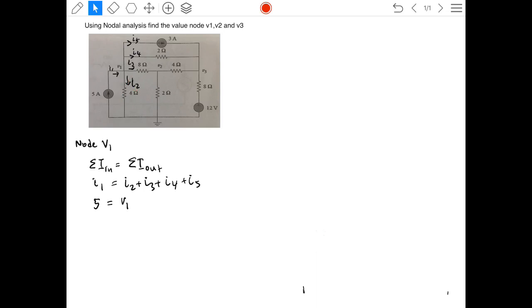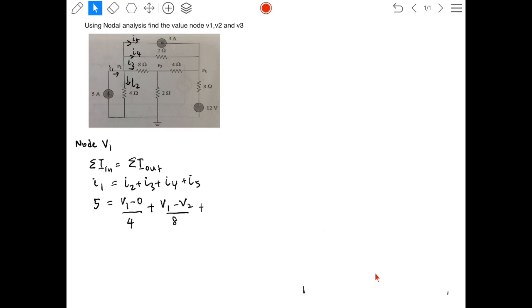So for I2 we can rewrite it as V1 minus 0 as a ground, divided by 4 ohms, plus for I3, which is in between V1 and V2, divided by 8 ohms. So we can rewrite it as V1 minus V2 divided by 8. Now we add another plus, for this I4. So the path of I4 is from V1 to V3, divided by 2.